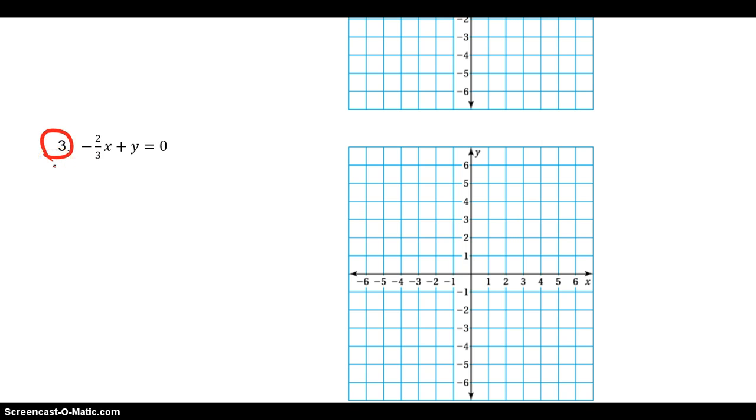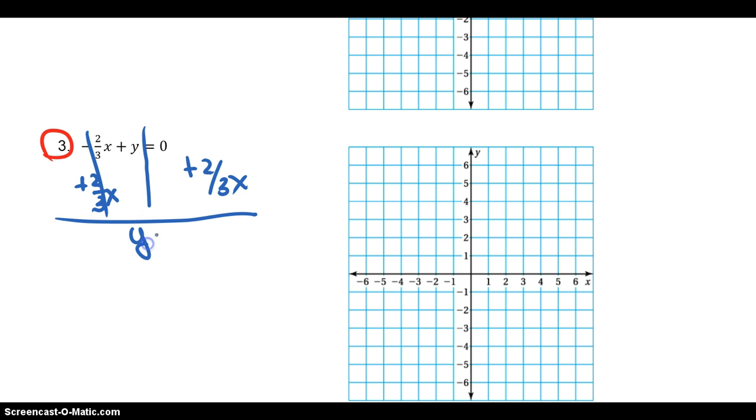Okay, so number 3, negative 2/3 x plus y equals 0. So step 1 was to get it in y equals mx plus b form. So look at this. Y is not by itself right now, so we need to get y by itself. How do we do that? We need to get rid of this negative 2/3 x. So how do you undo it? You add 2/3 x. So then over here I go plus 2/3 x. This goes away, draw my line.